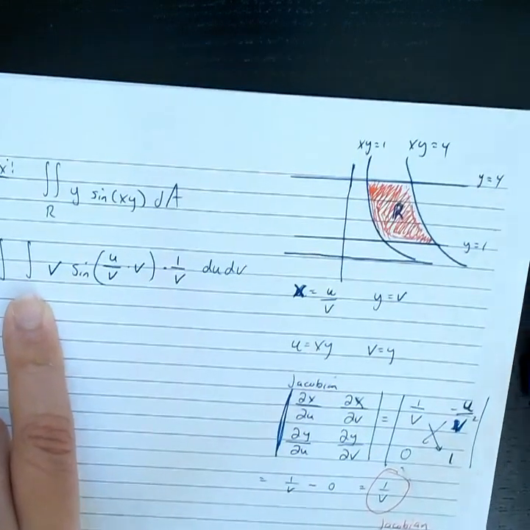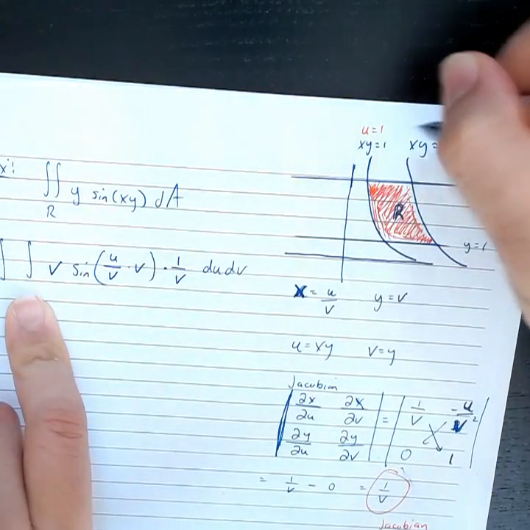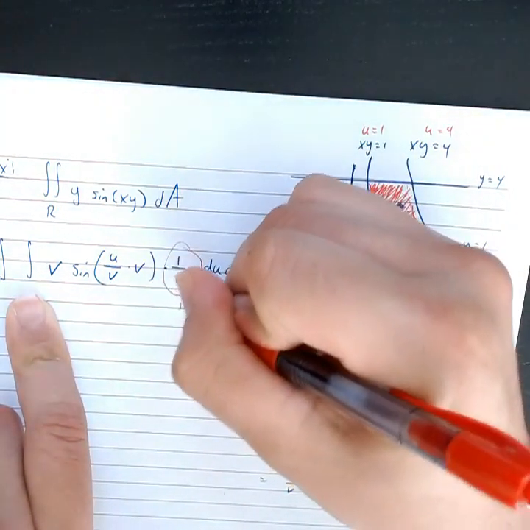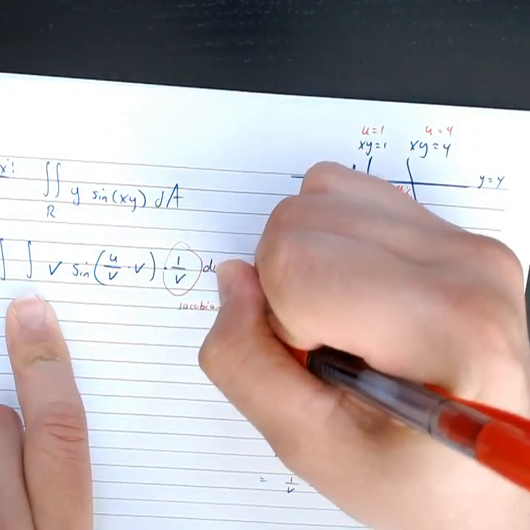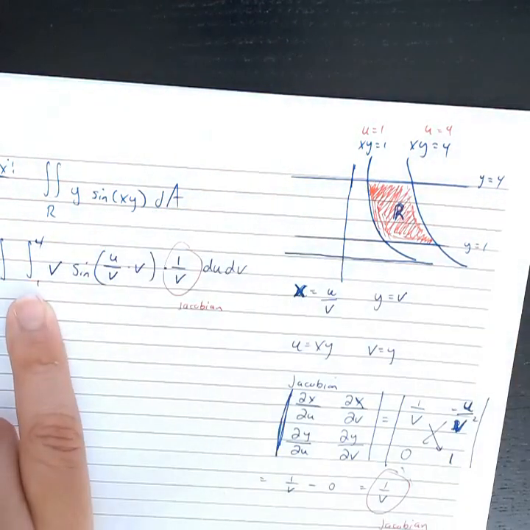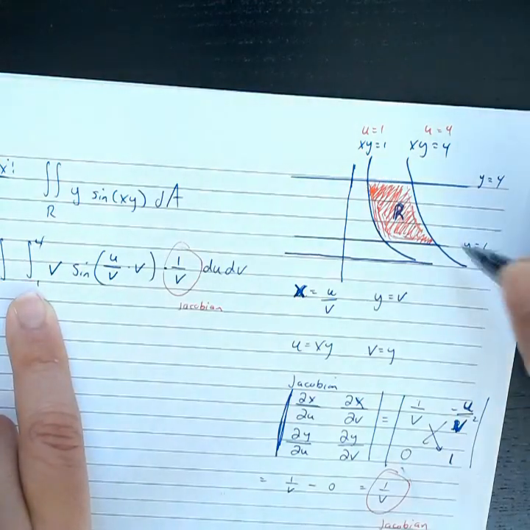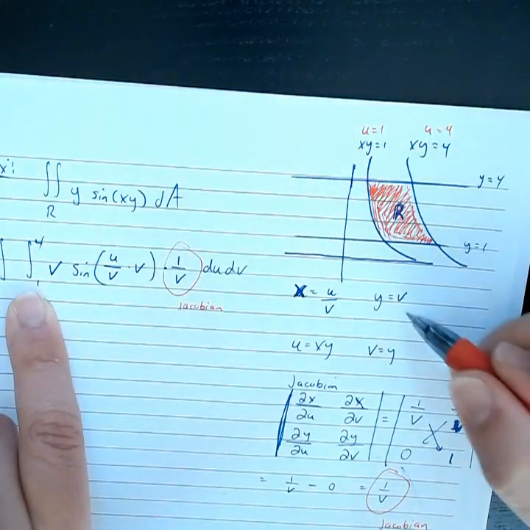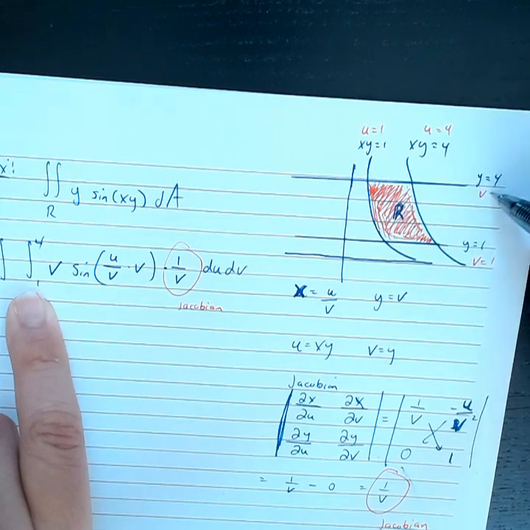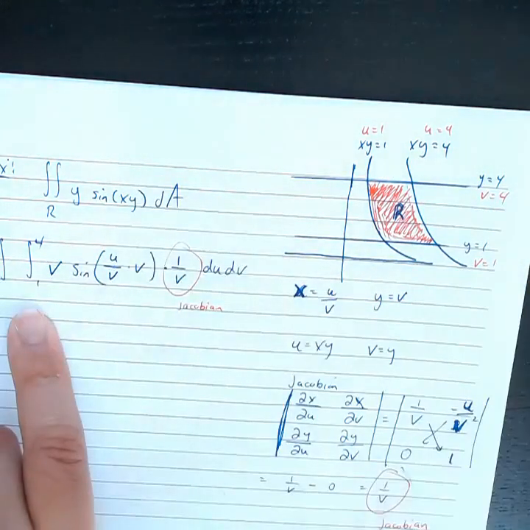So here u is equal to 1, and u is equal to 4. Those must be our boundaries. u goes from 1 up to 4. Here we have y is equal to 1 and y is equal to 4. But again, y is the same thing as v. So here that means v goes from 1 up to 4.